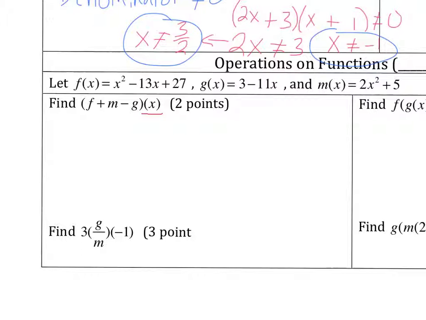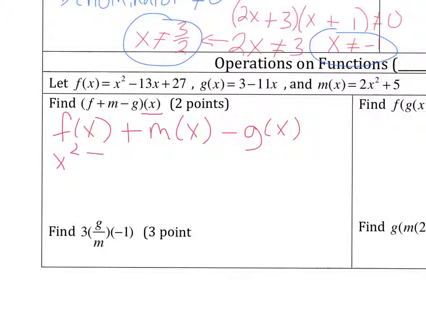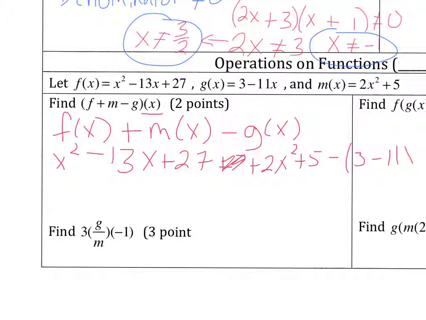We quite literally take f of x plus m of x minus g of x. f of x is x squared minus 13x plus 27. m of x is plus 2x squared plus 5, and then g of x is 3 minus 11x, so it's minus (3 minus 11x).